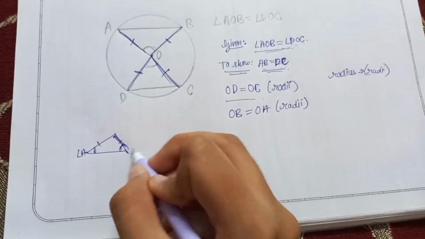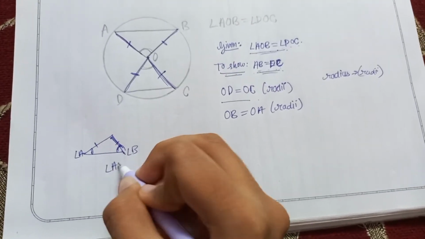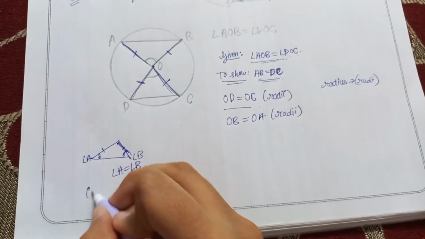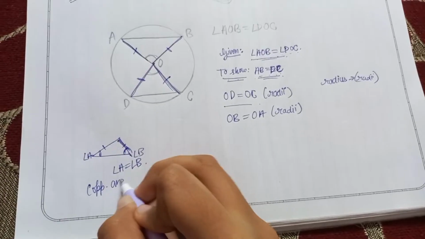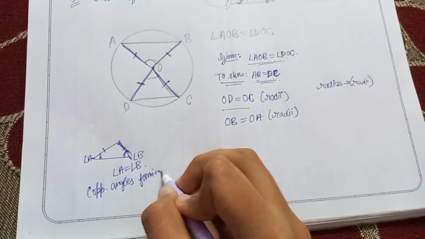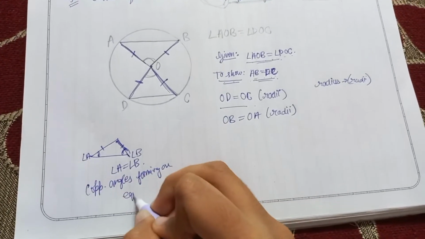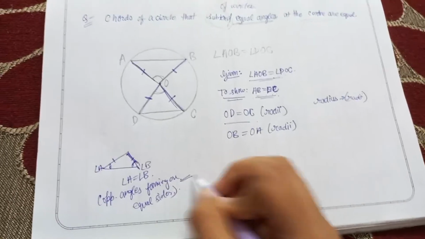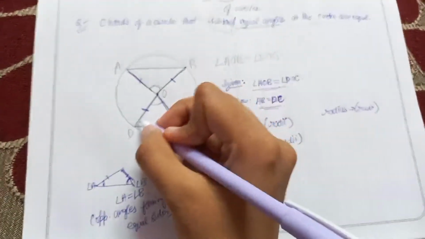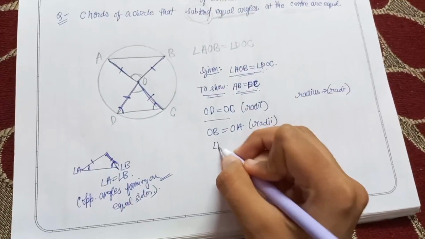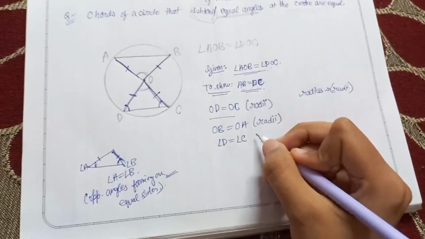That means angle B is equal to angle A. Reason: angles opposite equal sides. This same property will be applied here. The angle D will be equal to angle C.